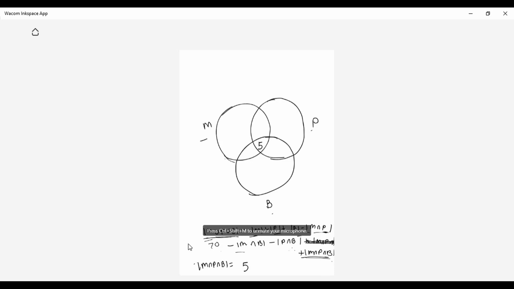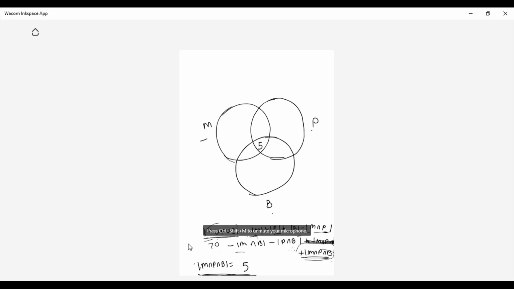So this is 70 minus cardinality of M minus cardinality of P minus cardinality of B plus cardinality of M intersection P plus cardinality of M intersection B plus cardinality of P intersection B. This way I will find the value 5. I have written 5 over here.